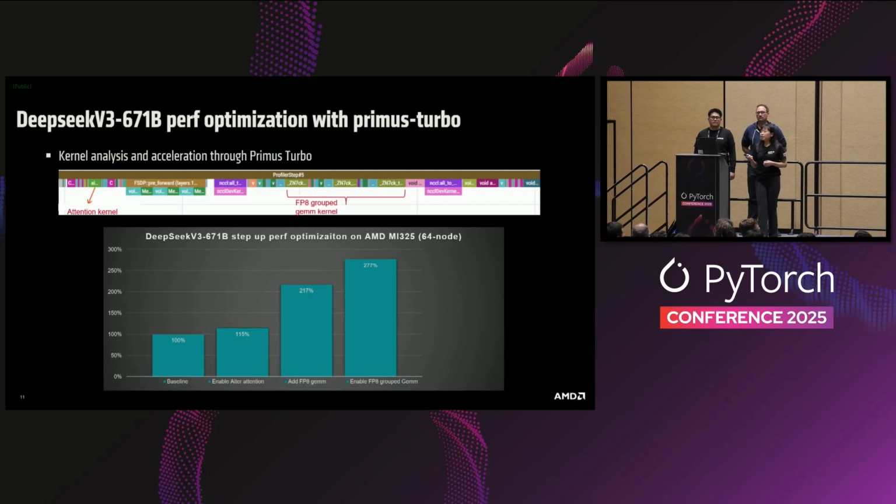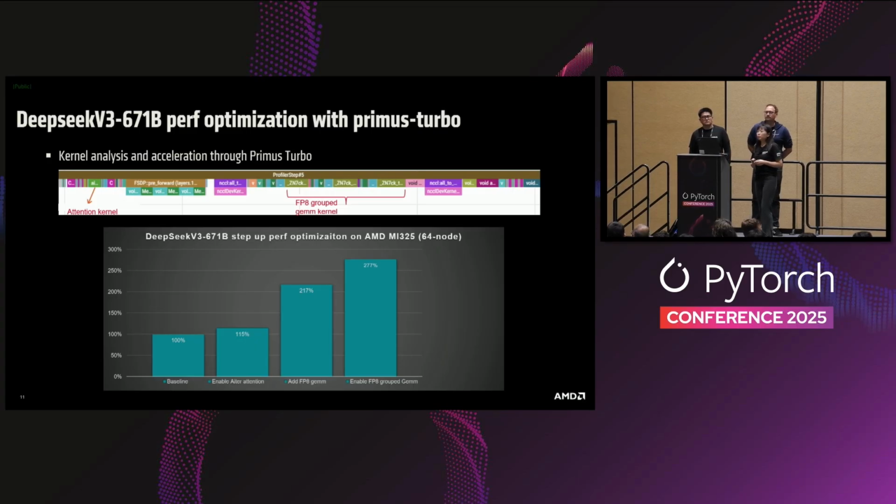In this slide, we want to show a step-by-step performance optimization of a DeepSeek V3 full-time pre-training run with Primus Turbo acceleration. We use Torch Profiler to profile the workload first and identify all the key bottlenecks and hotspots in different kernels.